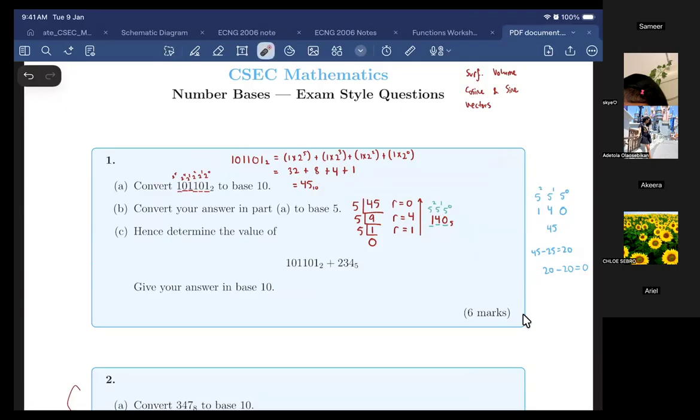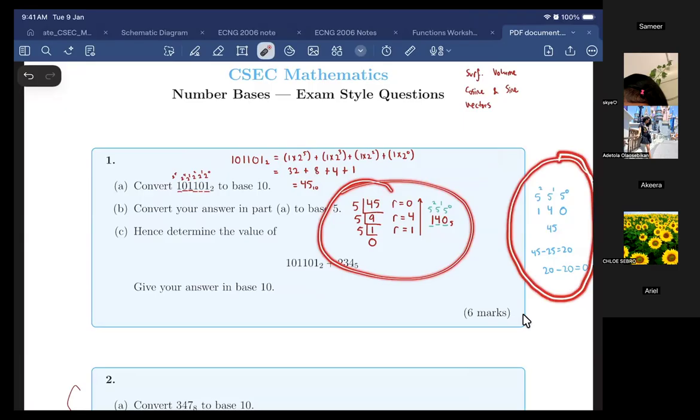Let me just find out what the class wants to do moving forward. Do y'all want to do this, or do you want to do this? Let me know, 1 or 2. What do they want to do? Let me know, guys. Everybody in class. Adetola, Akira, Sky, Samir. I'd rather 2.